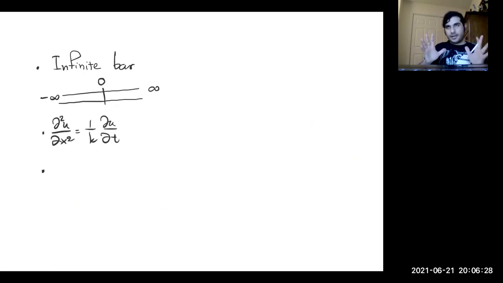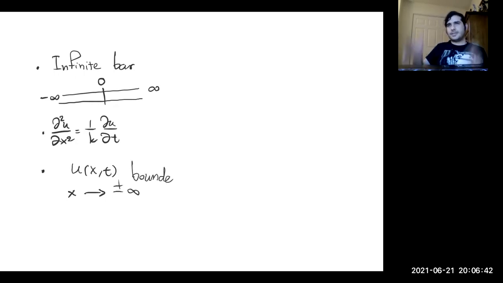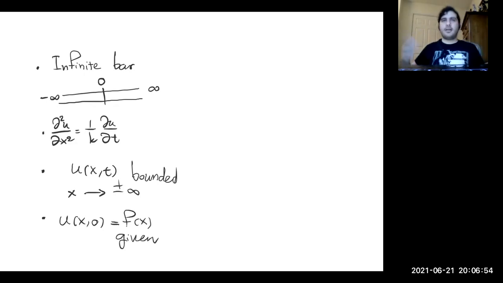The only thing we would say is that u of x and t, if x goes to plus infinity or minus infinity, in both cases it is bounded. There is no 0 or a anymore. And then we have the initial condition, u of x at time 0 is given, f of x. Again, this f of x is a known function, sine of x, some trigonometric function or something else.